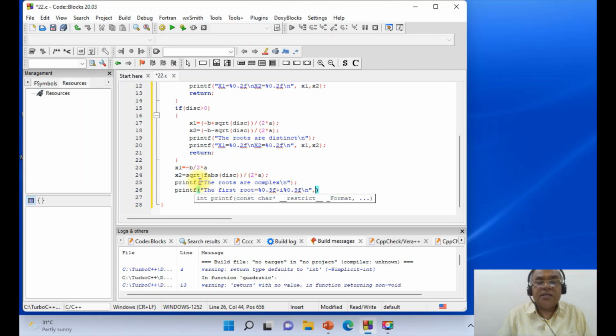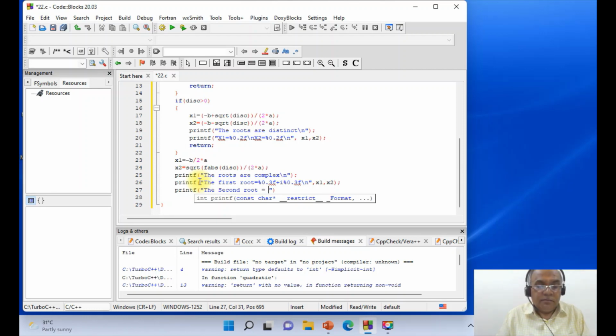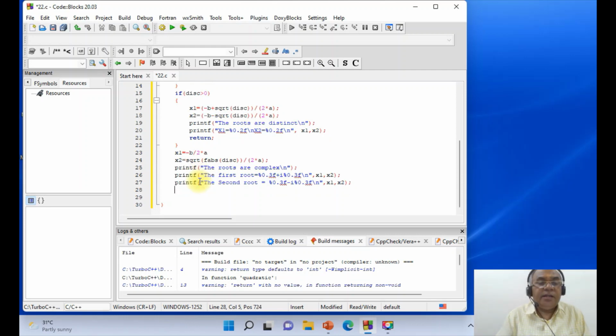Then you get x1 comma x2. Then printf the second root equals %0.3f minus i %0.3f \n. Then x1, then x2. Then again you return this value.